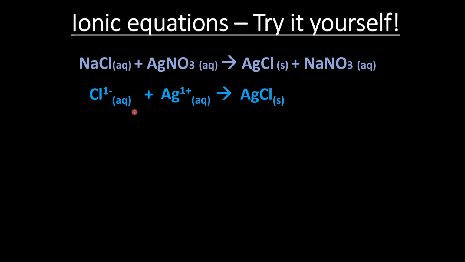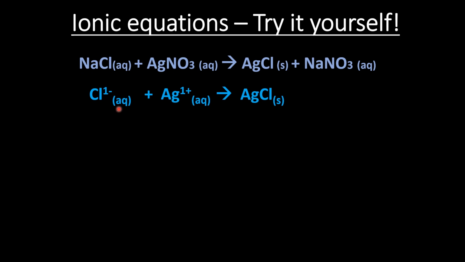Notice the state symbols never change, so do not change any state symbols from the main equation in the ionic equation. Also note there's one minus on the left, which cancels with one plus on the left to give you no charge on the right. So the charge is balanced, there are no electrons, the state symbols match, and there's nothing to balance.